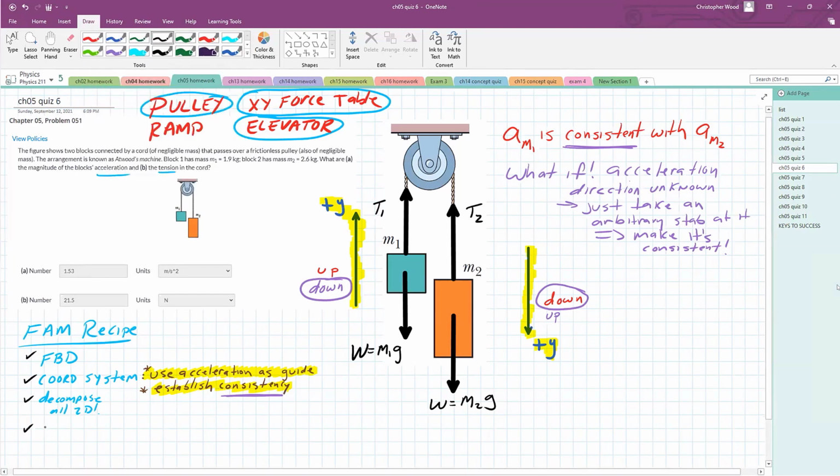What's next is the X force and or Y force inventory. So now let's do X force and or Y force inventories. Then the next thing you're going to do after that is talk about acceleration, and then crunch, and then rinse and repeat.